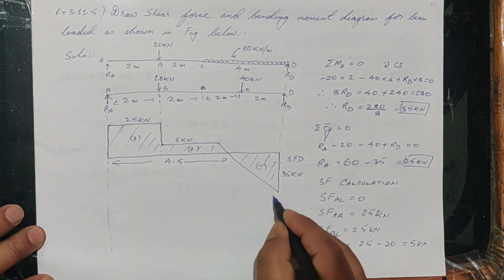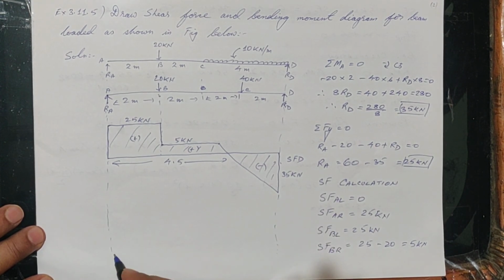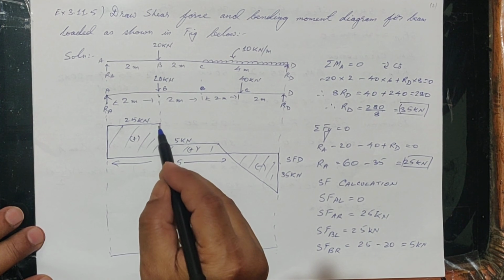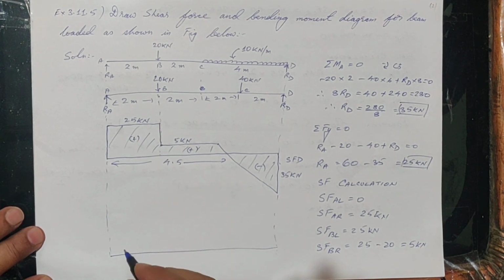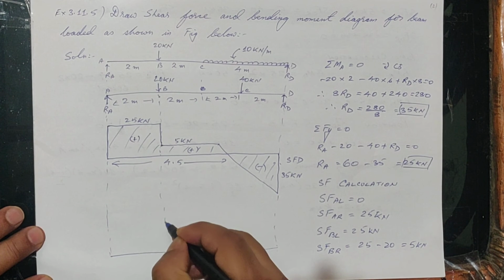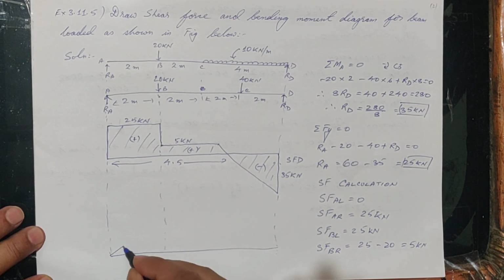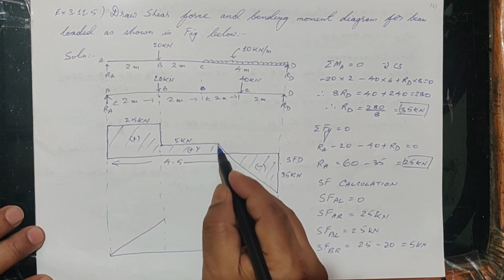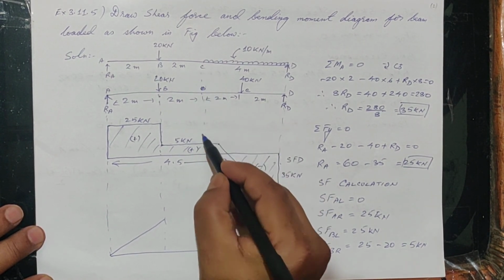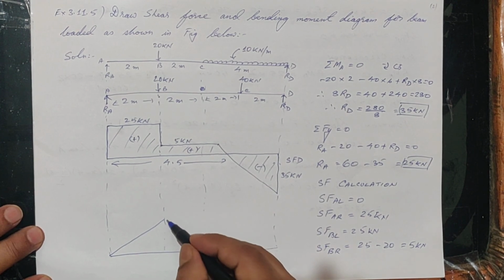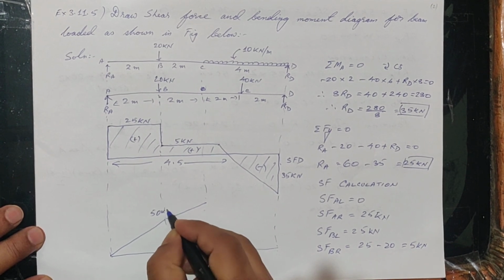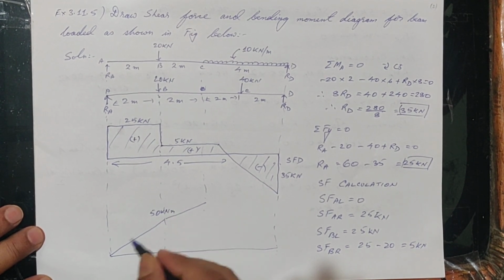Same way we will be doing the BMD. In BMD, here we have point load, so it is a straight line. Till this portion, here it is 50 kilonewton meter.